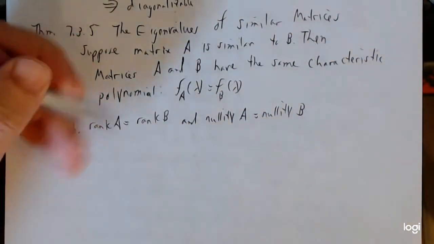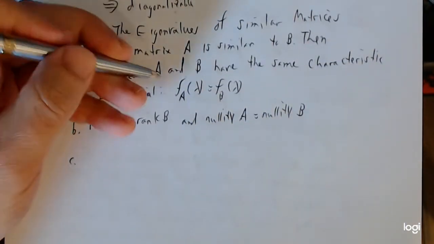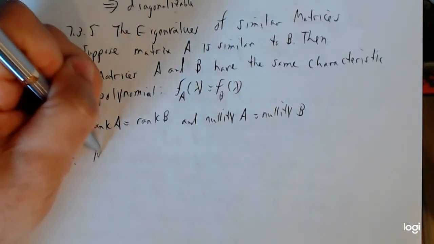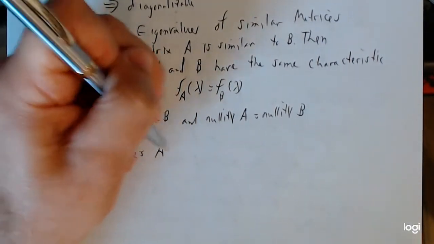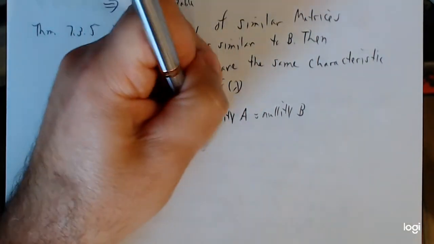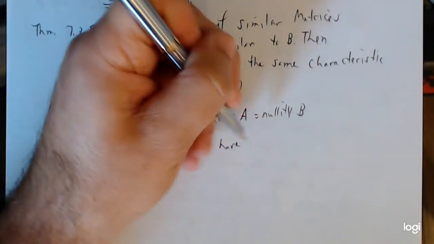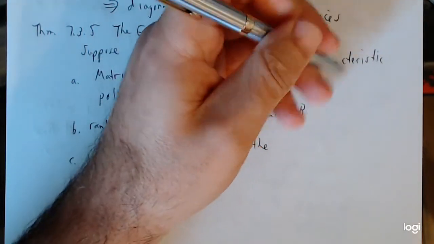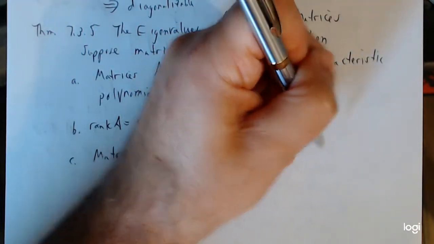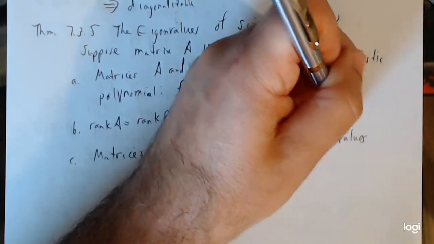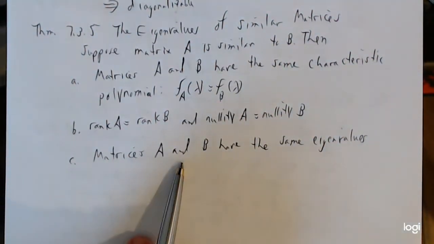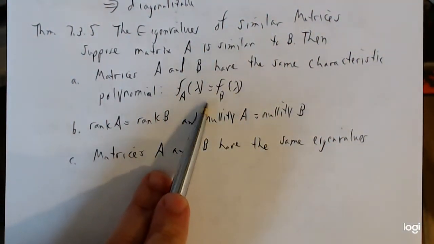Okay, so for part C, matrices A and B have the same eigenvalues. And why would they have the same eigenvalues? Well, it all comes back to part A, right?